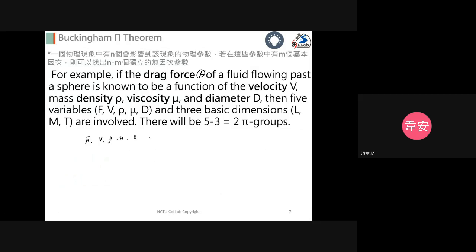So totally we have 5 variables for our physical problem.